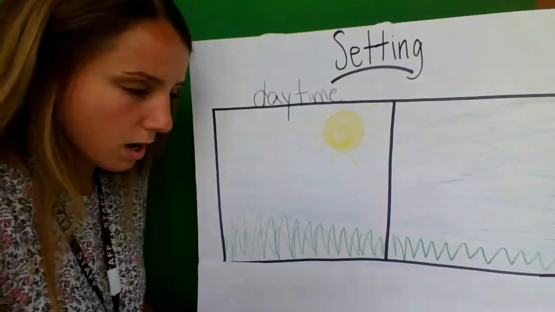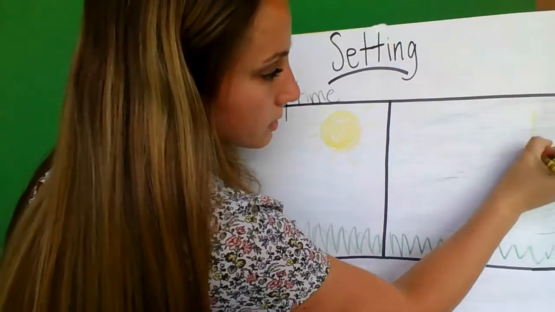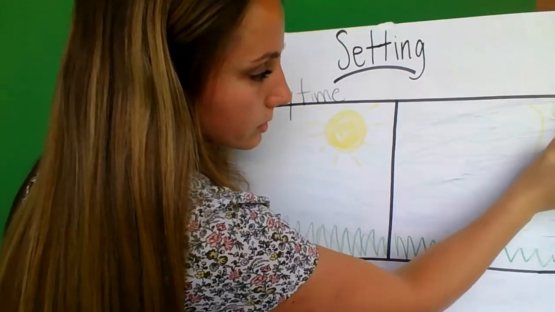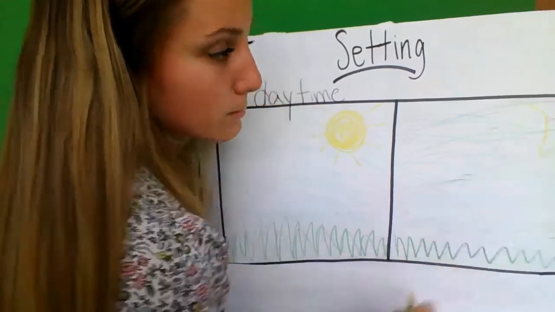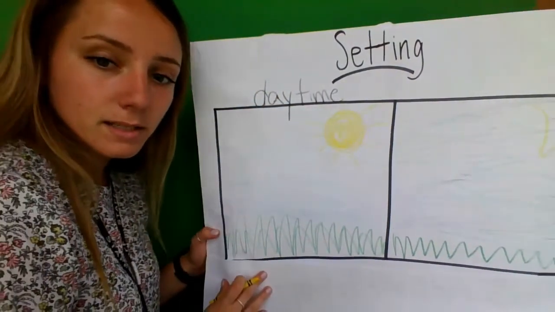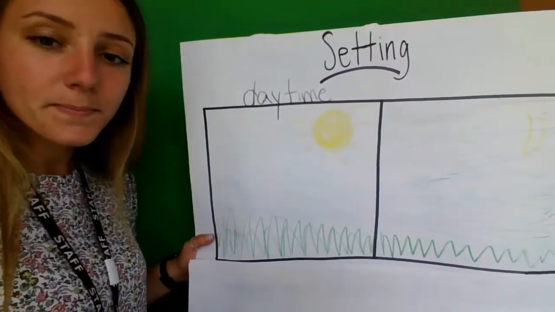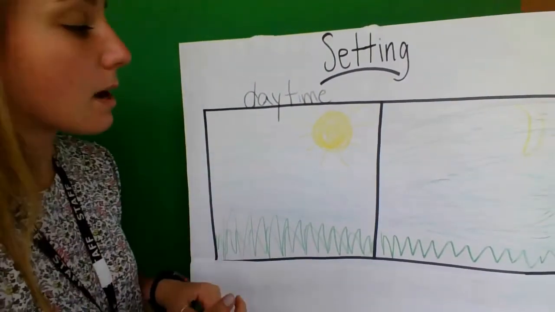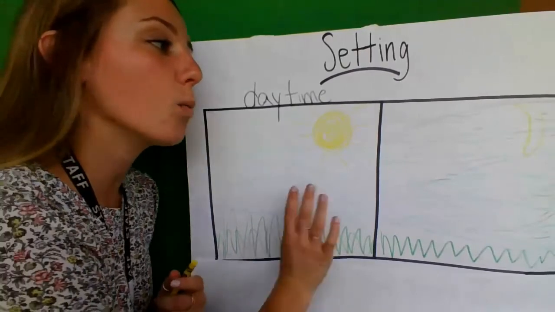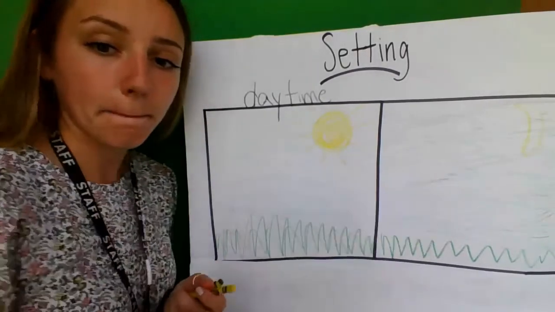And I'm going to draw the moon. I can't draw the moon in white because I'm drawing on white paper, but it kind of looks like the moon there. Okay? So now I want to know, can you tell what my change was here?